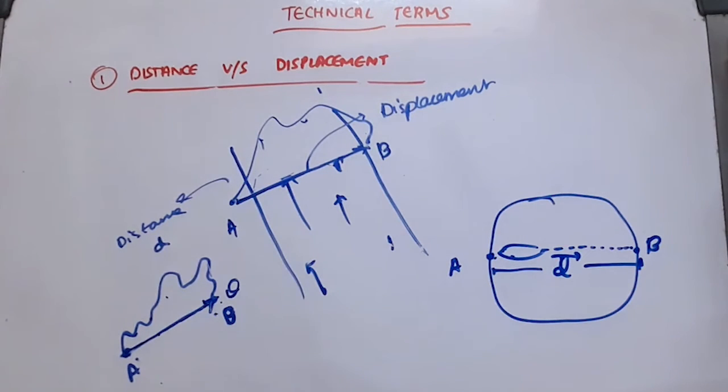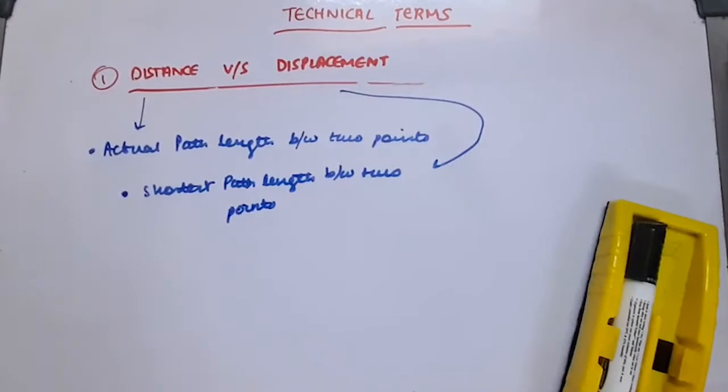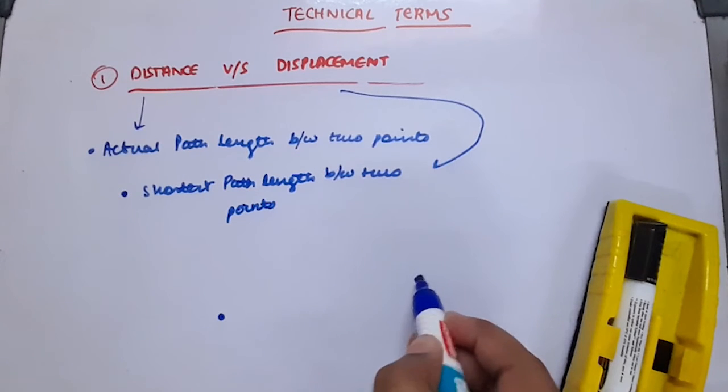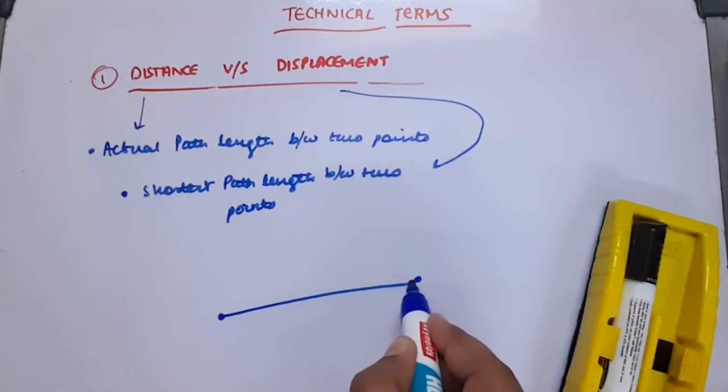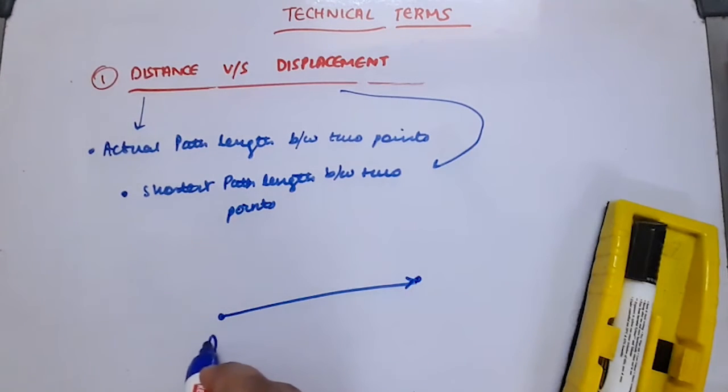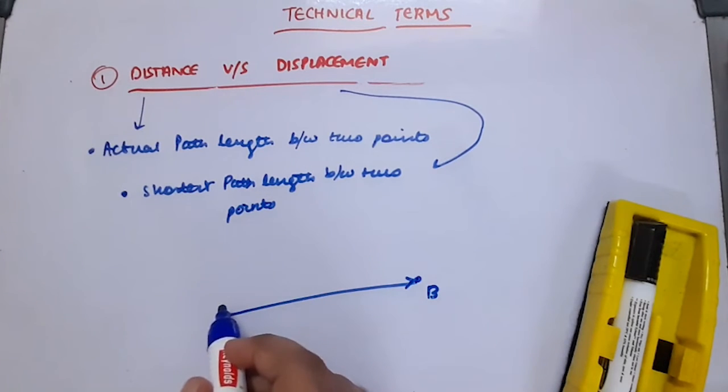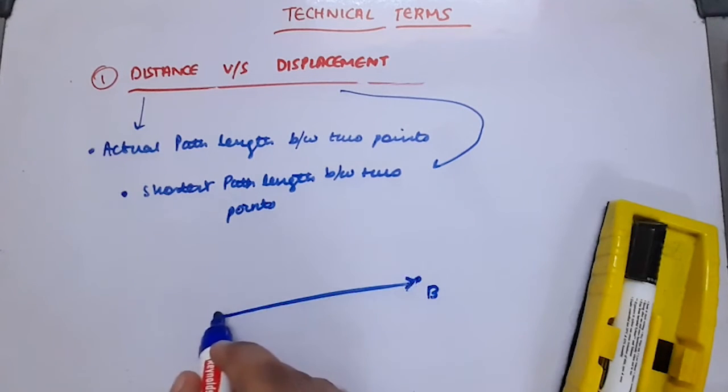Now let me tell you the real definition of distance and displacement. Distance is the actual path length between 2 points and displacement is the shortest path length between 2 points. Now let's say the drunkard is not so drunk that he would forget his path, and the drunkard follows this path and the policeman also follows this path.